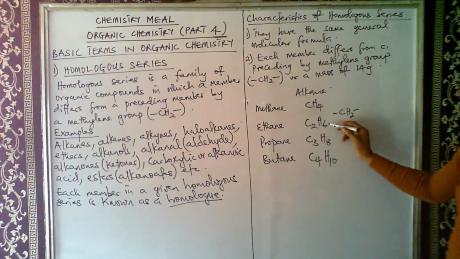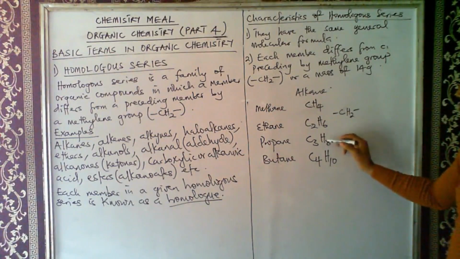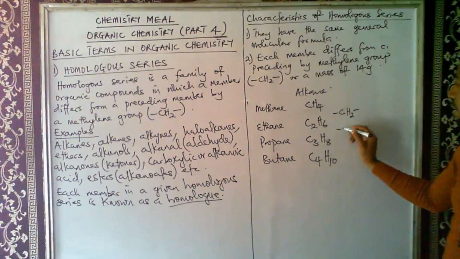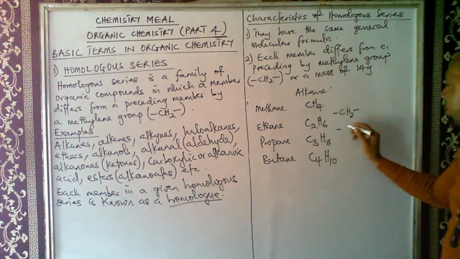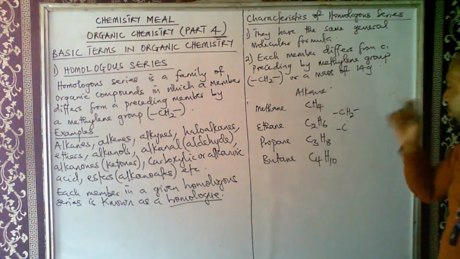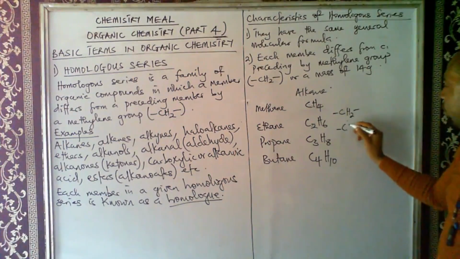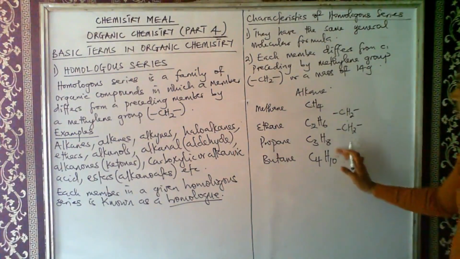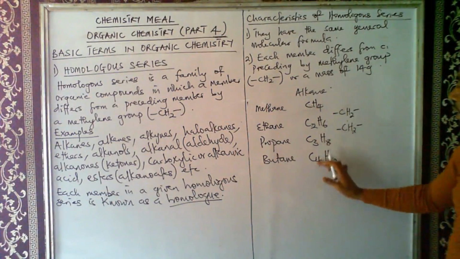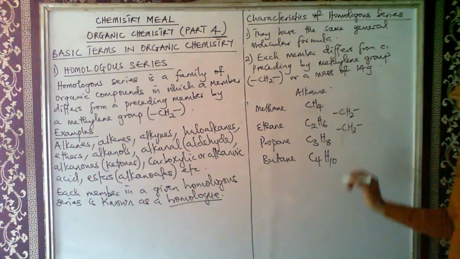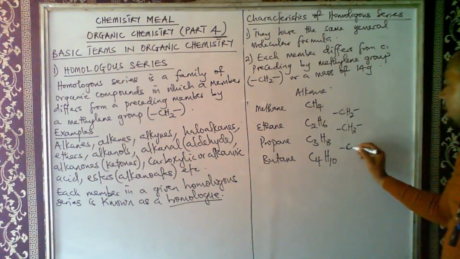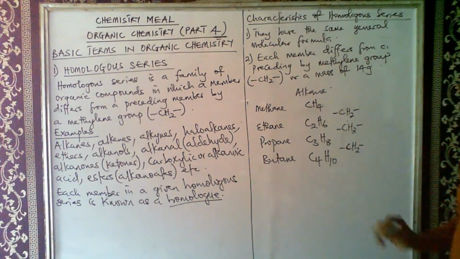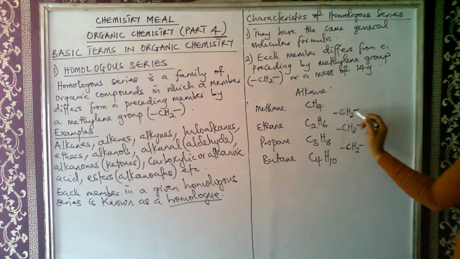Then if you look at ethane and propane, the difference in the number of carbons still remains 1 carbon, and the difference in the number of hydrogens still remains 2 hydrogen. Then here, the difference in carbon is still 1 carbon, and the difference between the hydrogen atoms is 2. Now somebody may be asking why we usually put this.